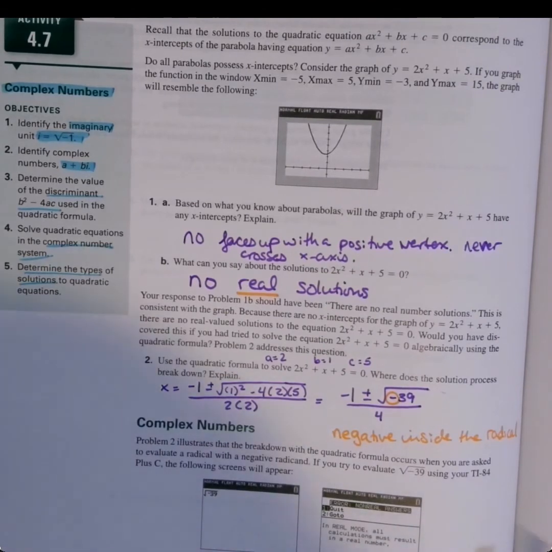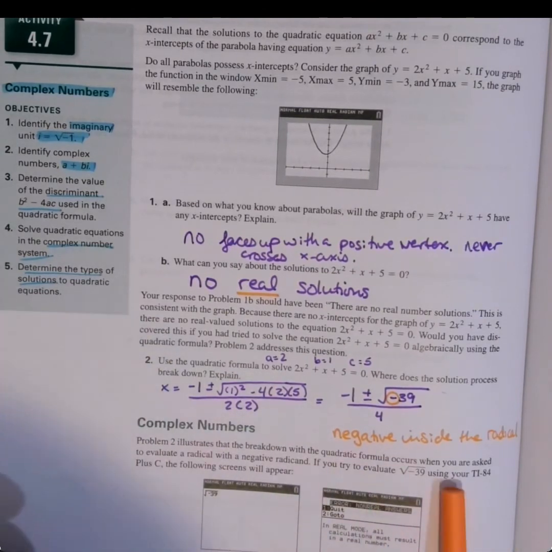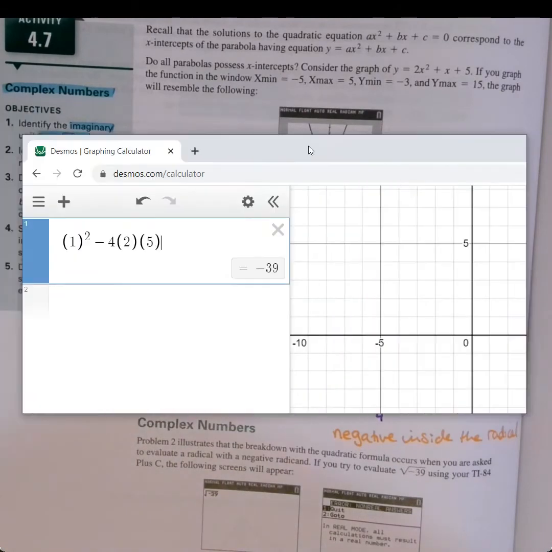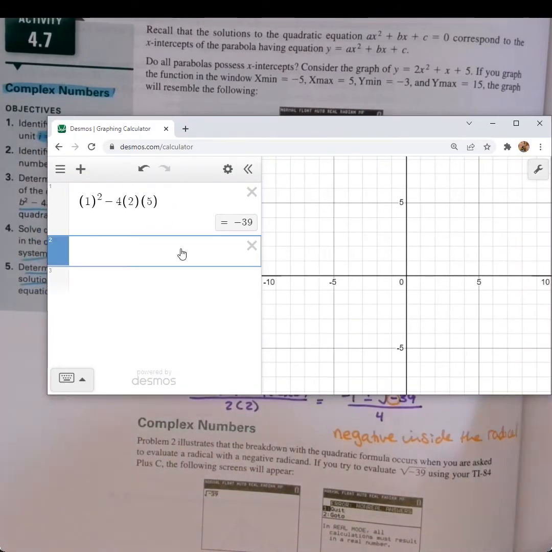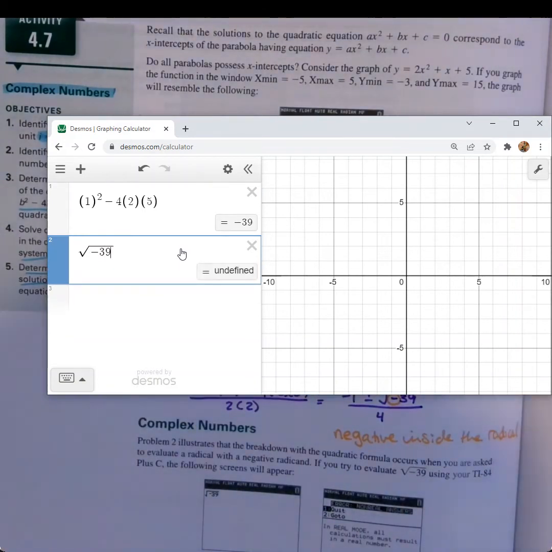So if we did try to evaluate the square root of -39 on a calculator in decimals, we would get undefined. So undefined doesn't work. We are going to have to think about it in terms of the imaginary unit.